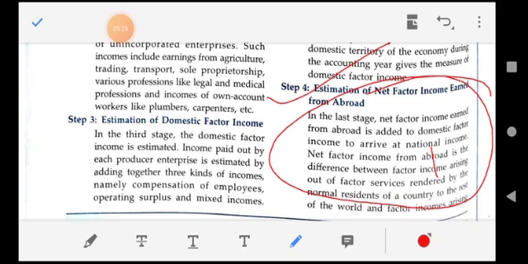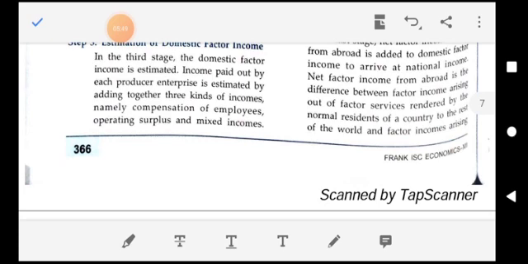Net factor income from abroad, NFIA, was already explained in the last videos: factor income earned by our residents from the rest of the world minus factor income earned by non-residents in our domestic territory. Okay, so in brief, national income is equal to compensation of employees plus capital income or operating surplus plus mixed income plus NFIA, net factor income from abroad.